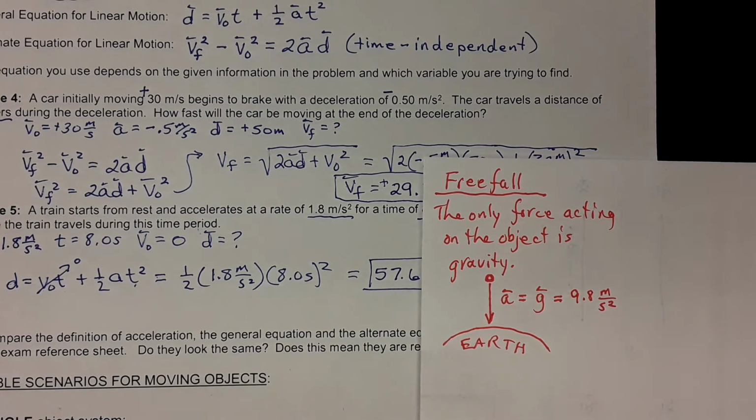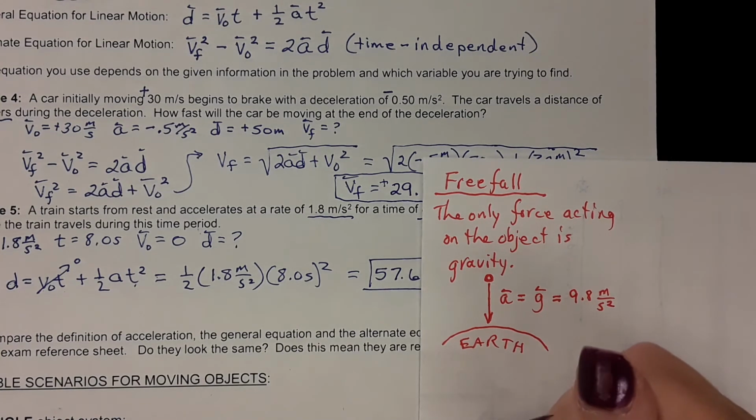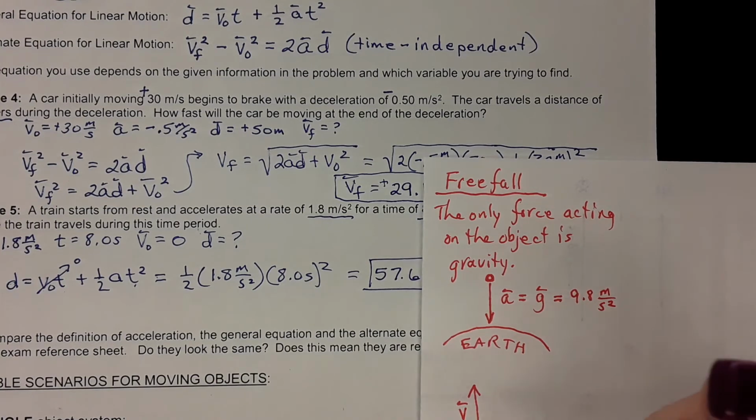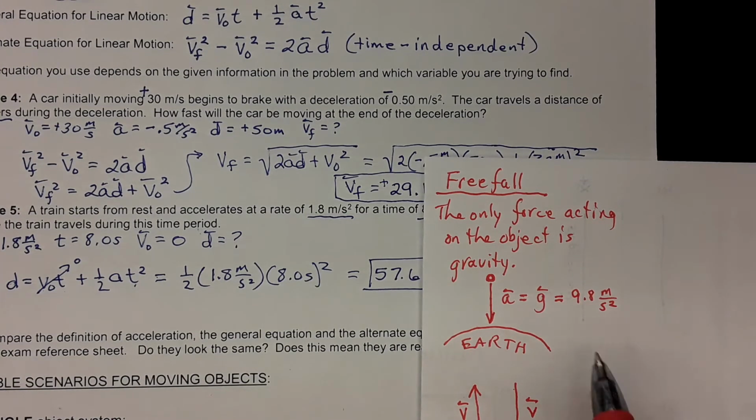Now, if an object is in free fall, it can be doing one of two things. It can be going up with some velocity, or it can be coming down with some velocity. That velocity is going to be changing by increments of 9.8.